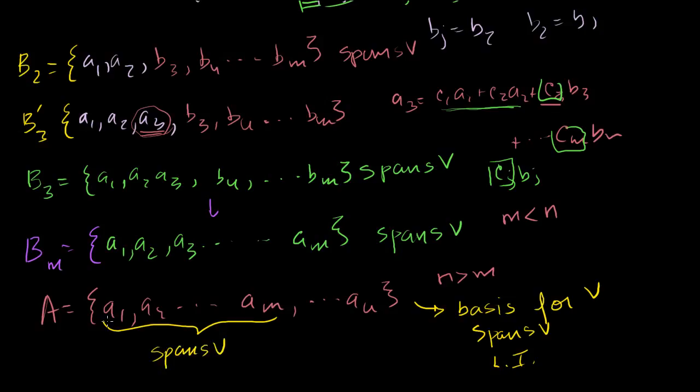But if this subset of A spans V, then A becomes linearly dependent, because if this subset spans V, that means that AN can be represented as some linear combination of these guys, which implies that you're linearly dependent.